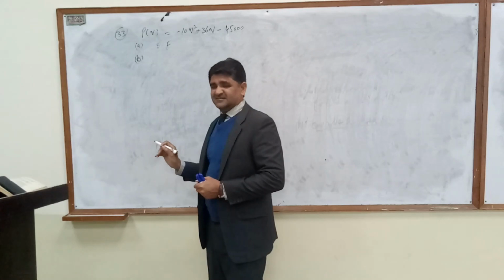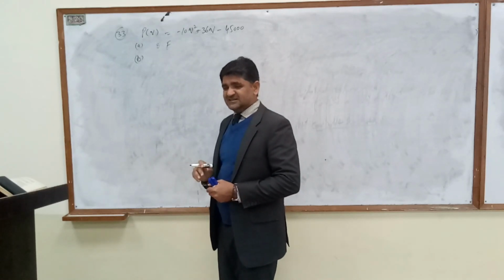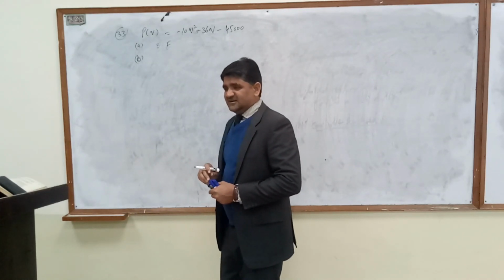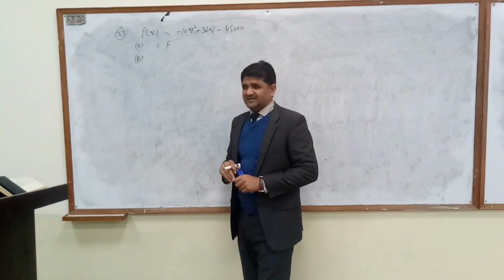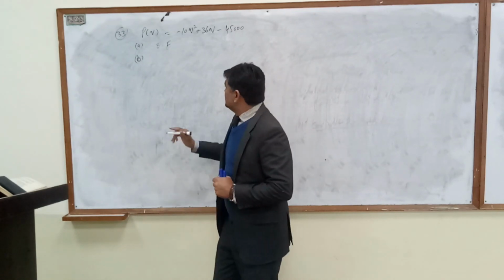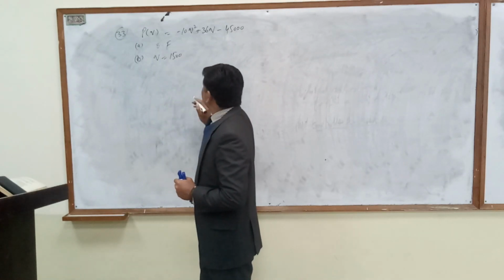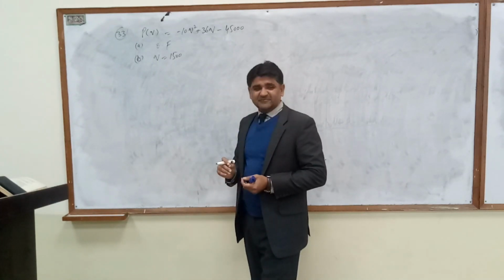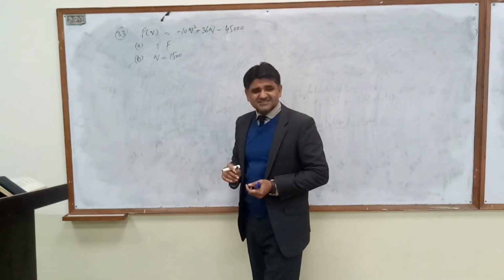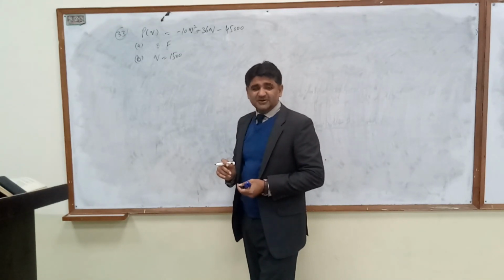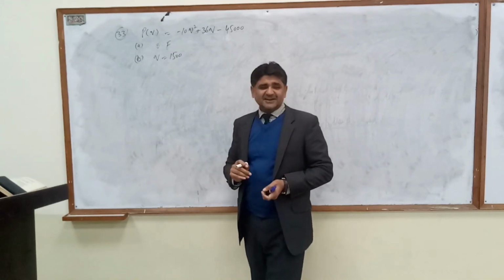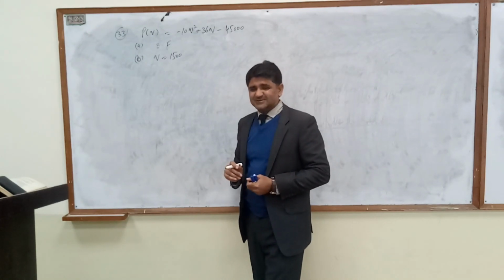What is part B? What is the profit expected if 1500 units are sold? Here we have to determine the value when Q is equal to 1500. The firm can generate either a profit or a loss. If we get a negative answer, then it's a loss.